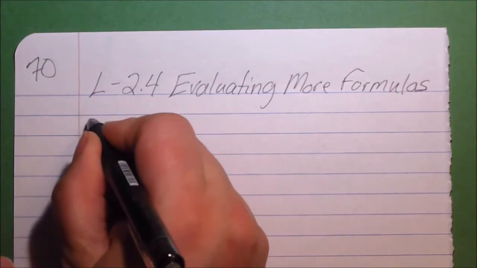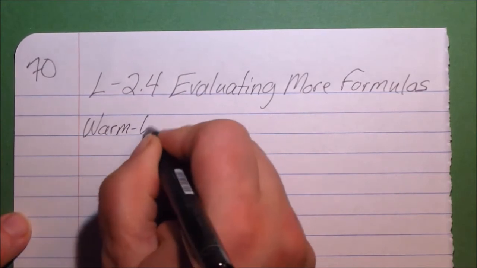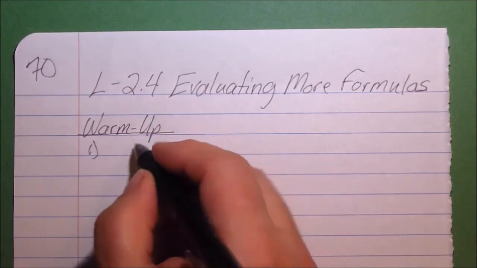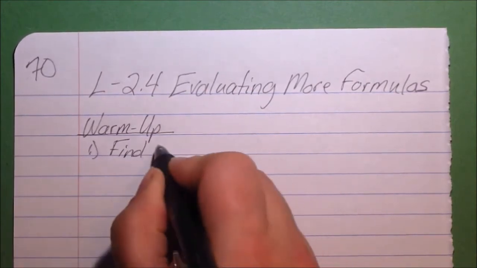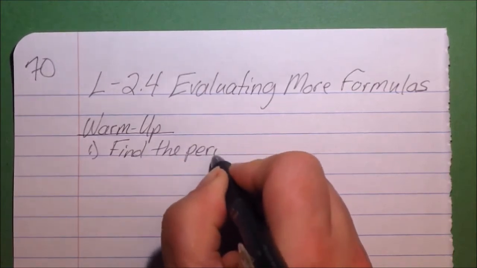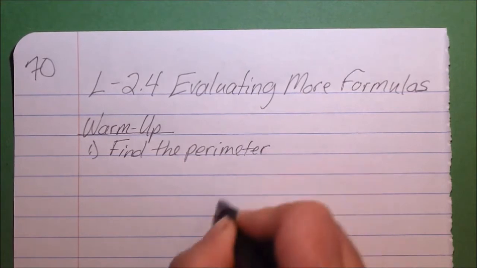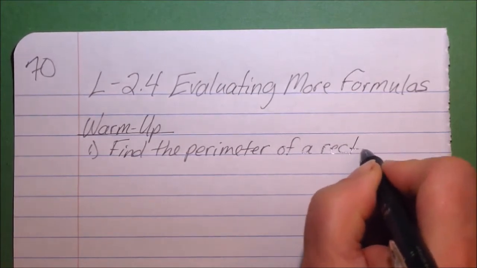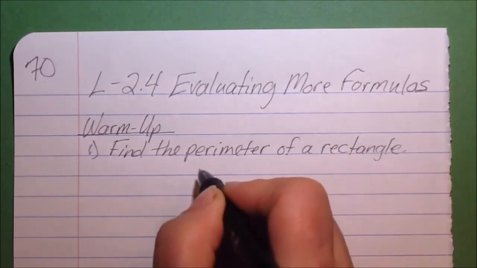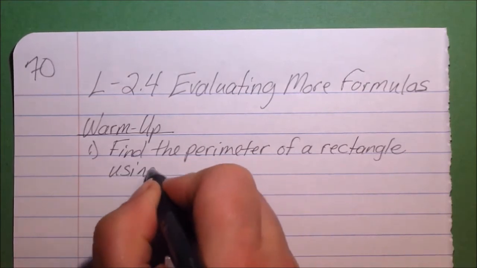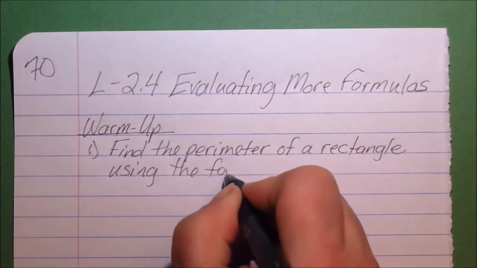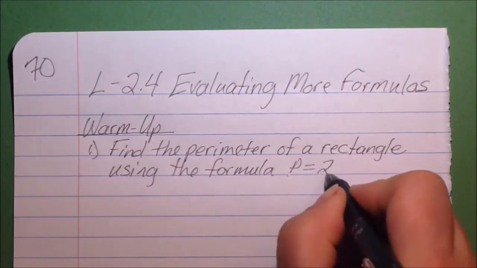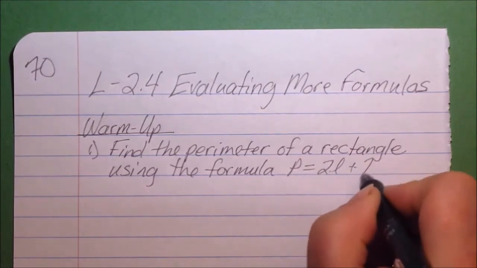Let's do our warm-up first. Warm-up. Problem number 1 says, find the perimeter of a rectangle using the formula P equals 2L plus 2W.